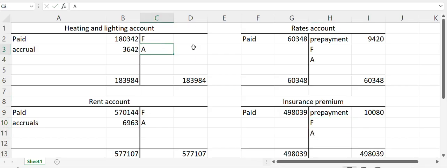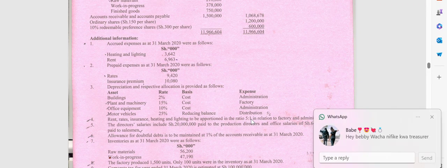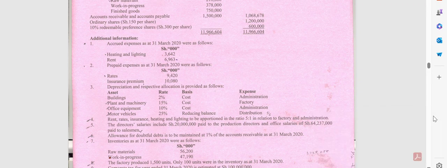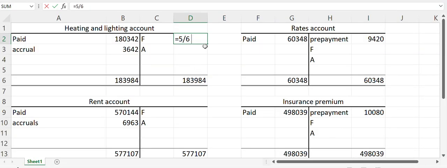So here the ratio is 5/6, because if it is 5:1, it means total is 6. So factory is 5 over total, which is 6. Admin is 1/6.